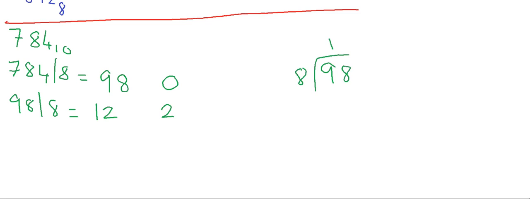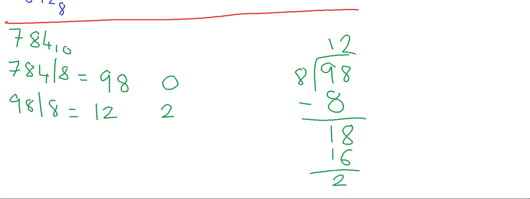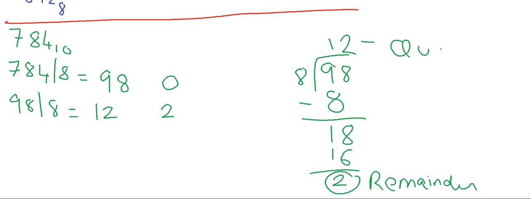So 8 times 1 is 8, and then you do this, which is 1 and 8, and 8 times 2 is 16, and this is the remainder. This is the remainder, and this is the quotient.